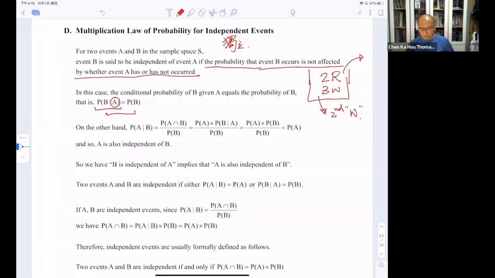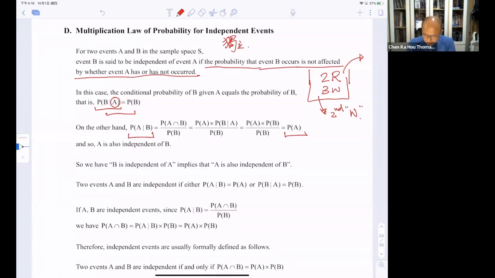Okay, they are equal. So P(B given A) equals P(B). On the other hand, P(A given B) is also equal to P(A).